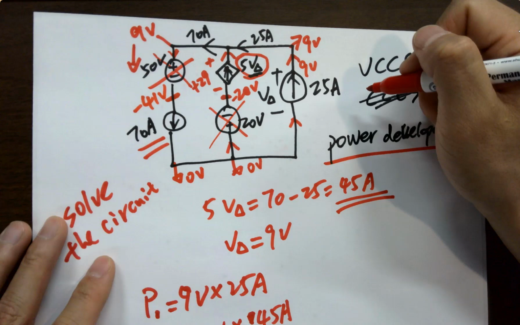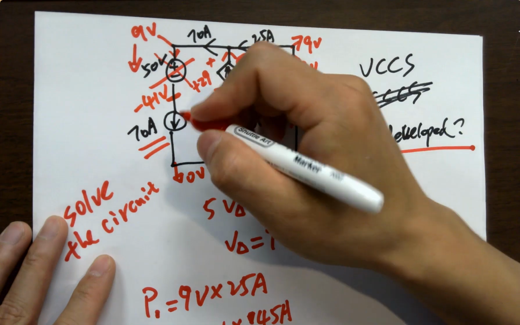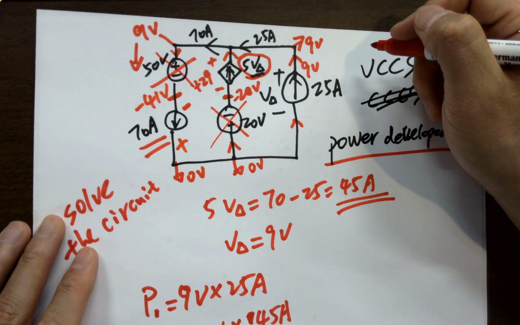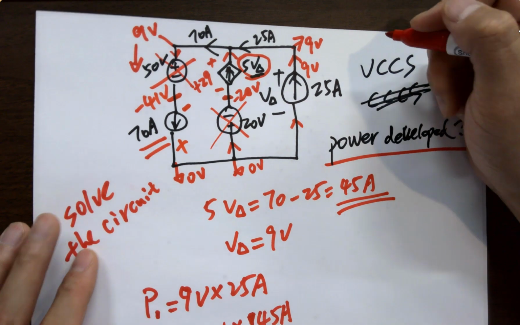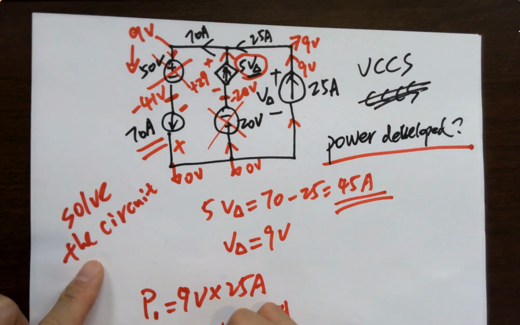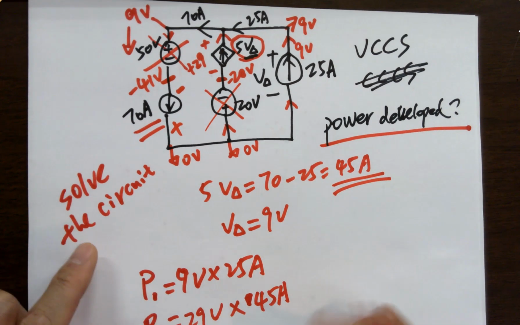Which is plus, which is minus? Yep. Current flowing out or in of the black box? Out. So we've got a P3. What is P3?